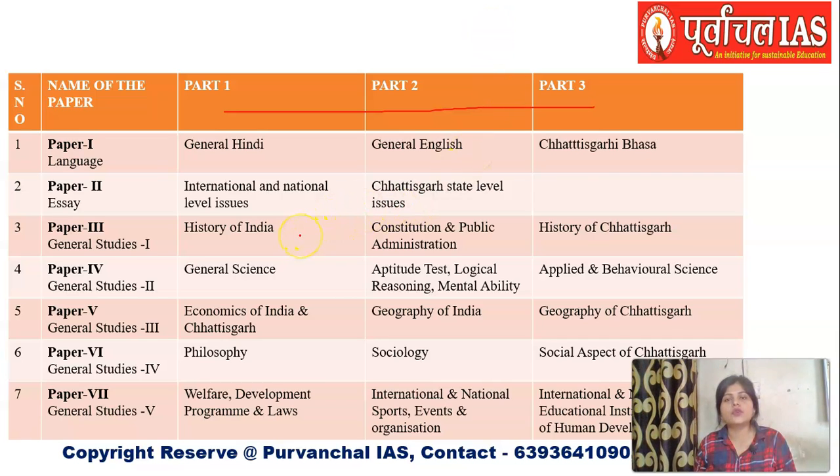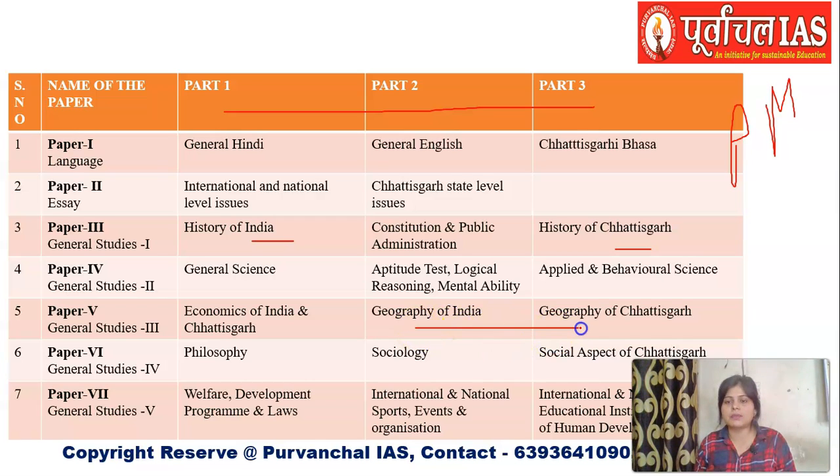And when you write the overlapping topics, apart from prelims plus mains, please also mention the overlapping topics between India and Chhattisgarh. Like the history, you have overlapping topics. In economics, you may have a few overlapping topics. In geography, you have overlapping topics. Geographical extent of India, then you read about the geographical extent of Chhattisgarh.